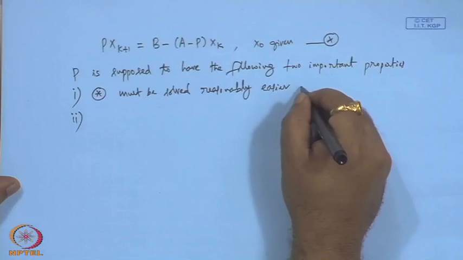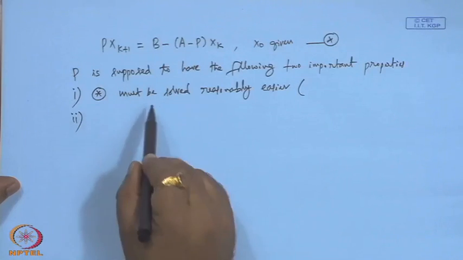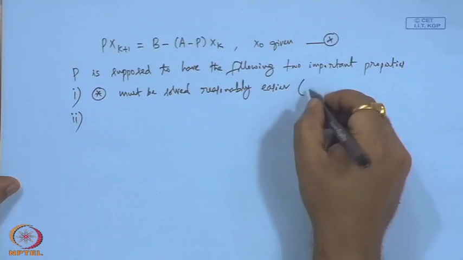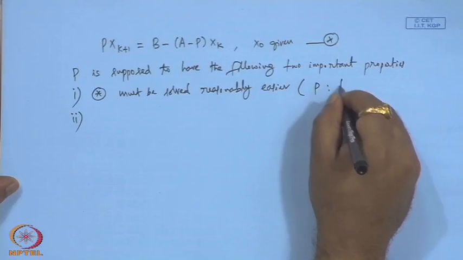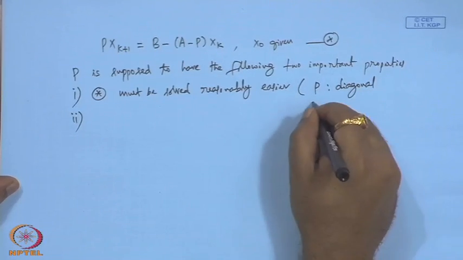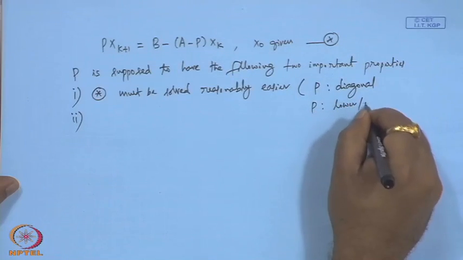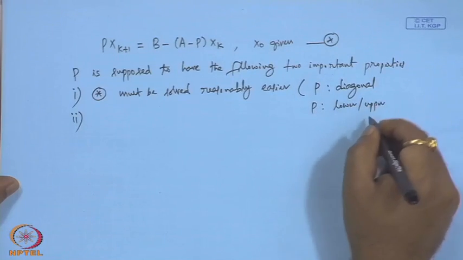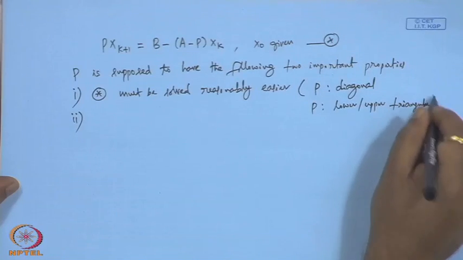So this kind of structure supports this, that means relatively easier. Possible structures are: P is a diagonal matrix, or P is lower or upper triangular.